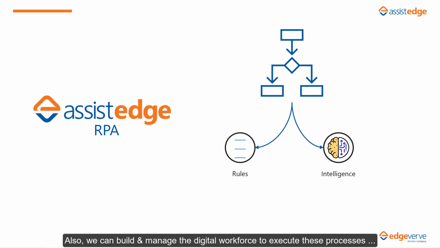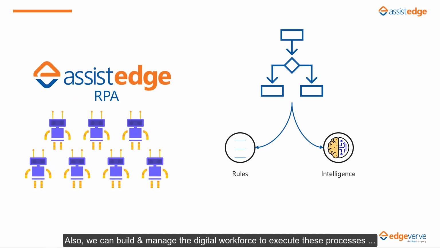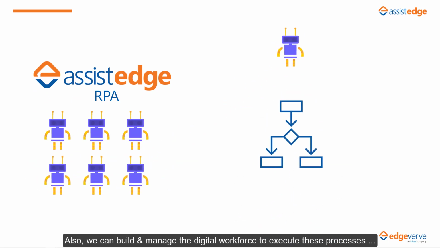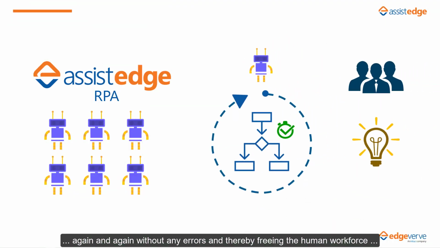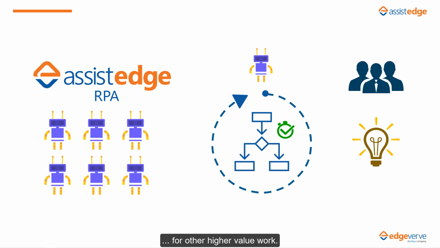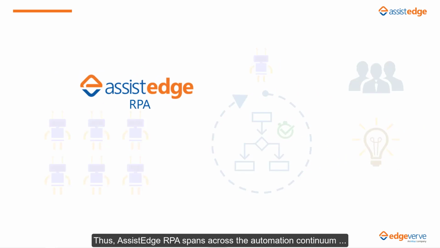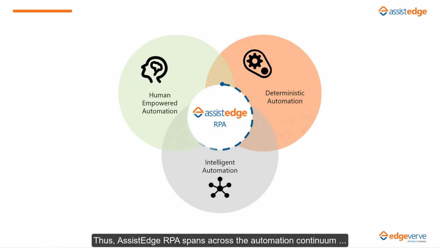Also, we can build and manage the digital workforce to execute these processes again and again without any errors, thereby freeing the human workforce for other higher value work. Thus, AssistEdge RPA spans across the automation continuum from deterministic through intelligent to human-empowered automation.